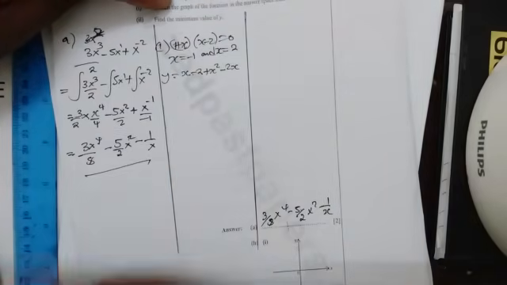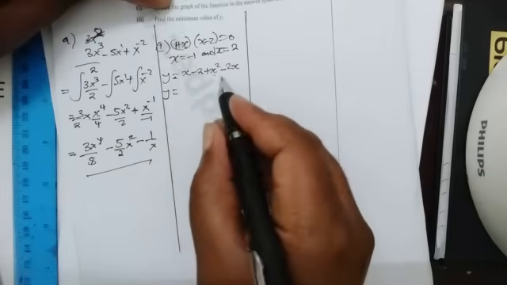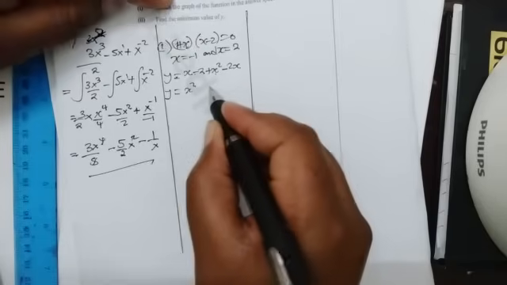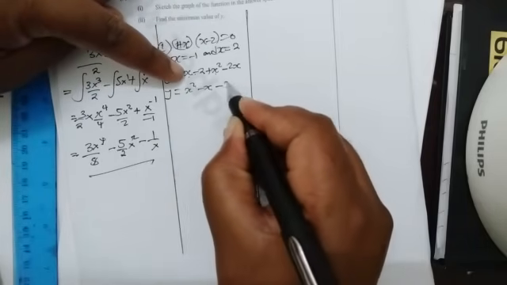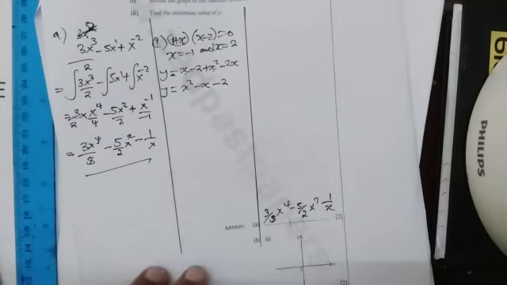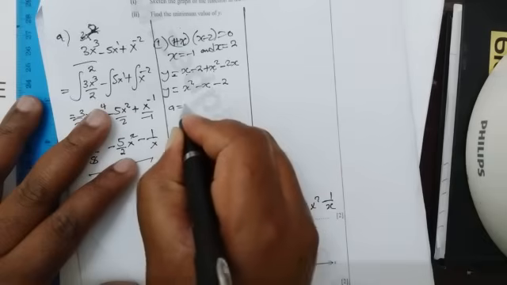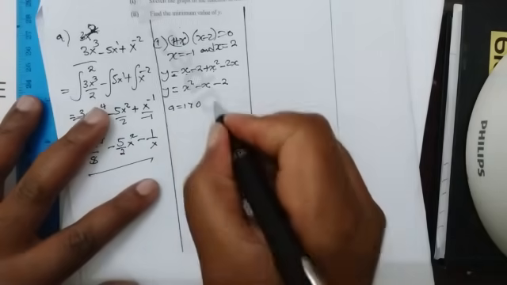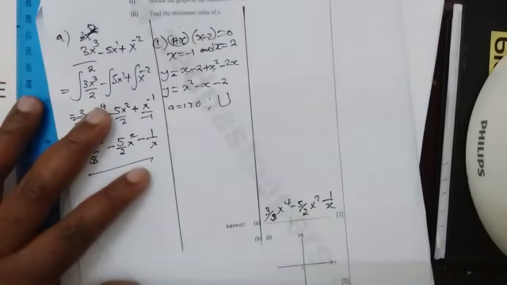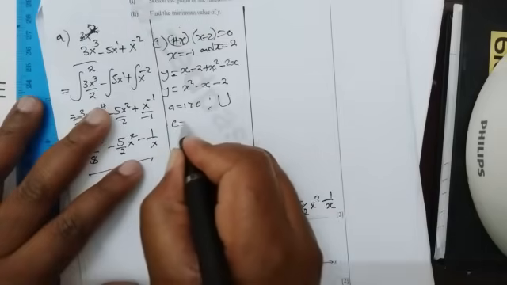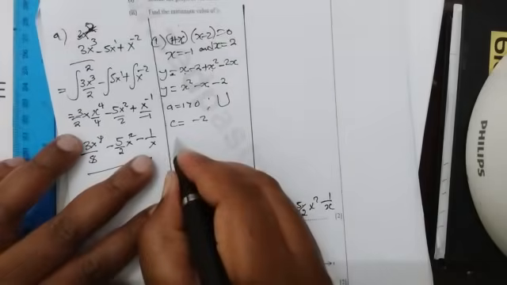So we are going to say y is equal to x squared, x minus 2x is minus x, minus 2. Okay, so look, our A is 1, which is greater than 0. Hence the curve should be like this. Then our C, our y-intercept, is negative 2. Okay? Then from here we need to get turning points.